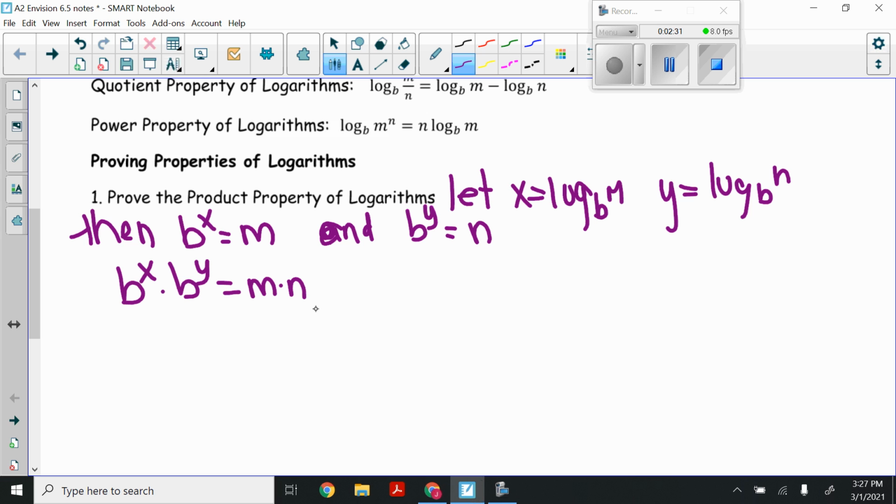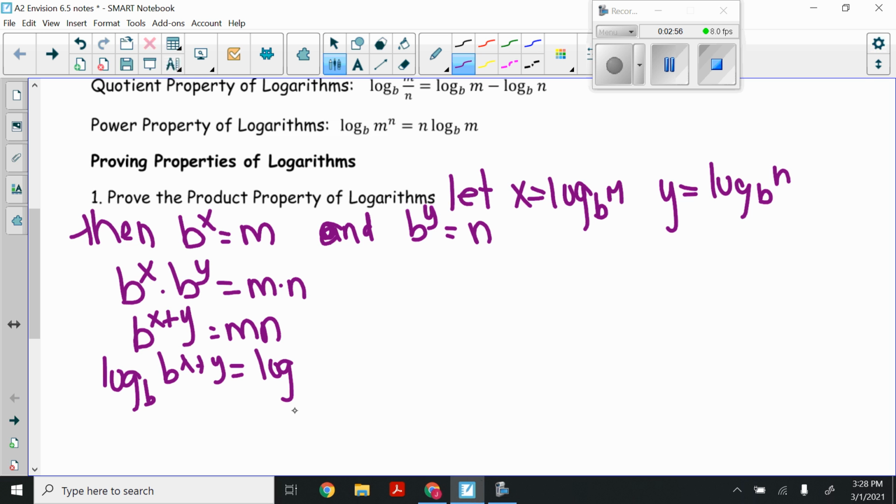Now by our properties of exponents, we know that these two have the same base b, so I add my exponents: b to the x plus y equals mn. So now I'm going to put the log back on both sides. So this would be log base b of b to the x plus y equals log base b of mn.